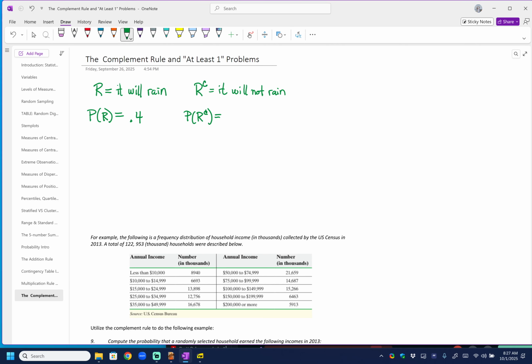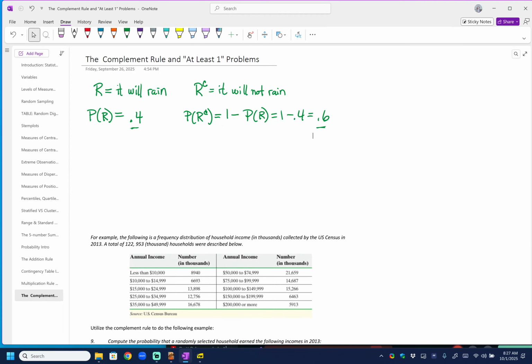Therefore, you would do 1 minus 0.4, or in other words, 1 minus the probability of R, which is 1 minus 0.4, and we would get 0.6, which is equivalent to 60%. So 0.4 probability that it will rain, 0.6 that it will not.